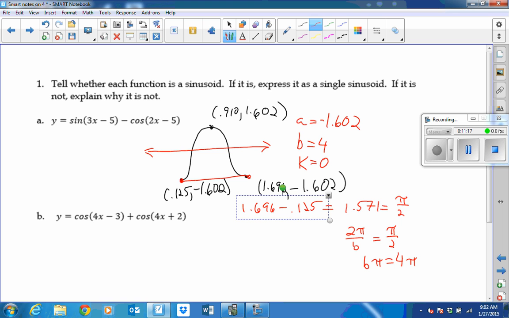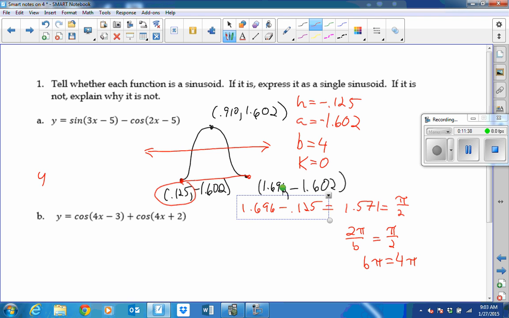Now the only thing we have left to figure out is what's happening with our horizontal shift. And this right here tells us where this function is starting in relationship to the x-axis. And it's shifted to the right 0.125. So h is equal to negative 0.125.